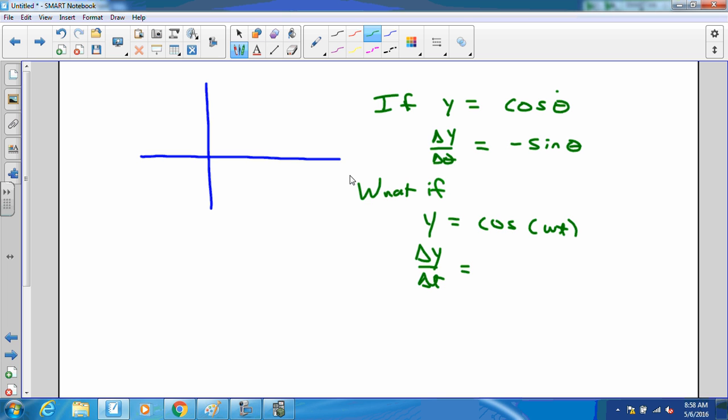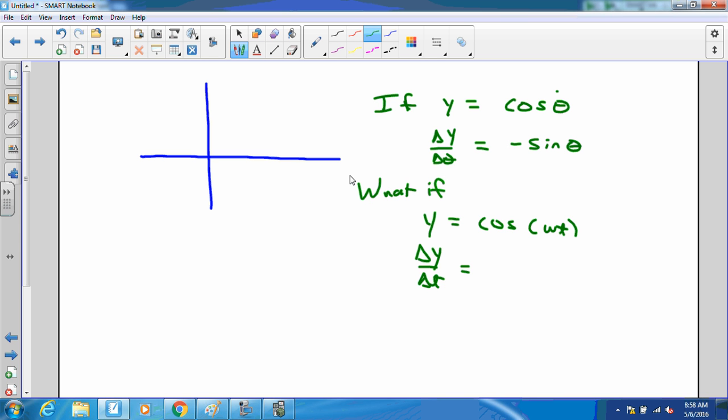If the graph of cosine has a period of 2 pi like this, and then I multiply the inside by omega, what's going to happen to my graph? Yes, it's going to be a compression by a factor of omega.